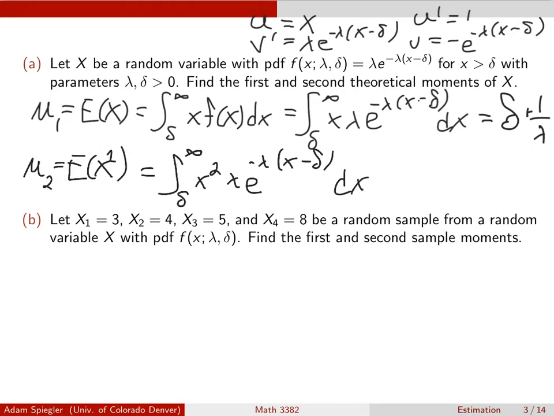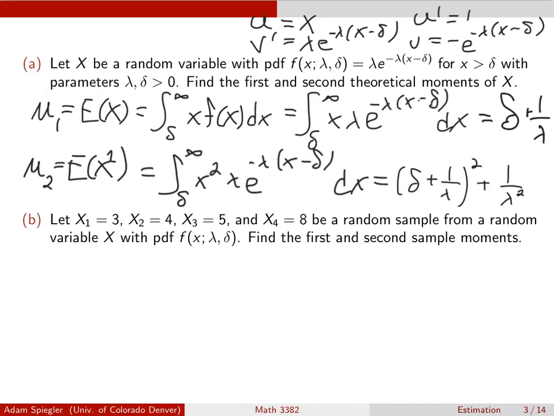And for that one, you would need to use integration by parts 2 times. So it's not trivial to integrate that. It's maybe a little tedious, so I'll skip that detail. But you can verify, in that case, you would get (delta plus 1 over lambda) all of that squared, plus 1 over lambda squared. So those would be our first and second theoretical moments of x.